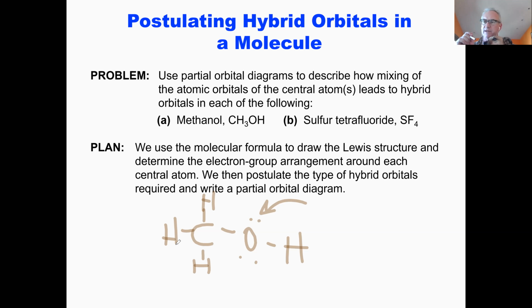All right, so let's look at carbon, and let's look at oxygen, and let's figure out what shapes they're going to be. How many regions of electron density are around the carbon? 4. Yeah, so carbon is going to have 4 regions of electron density. So what will be the hybridization of the orbitals around carbon?